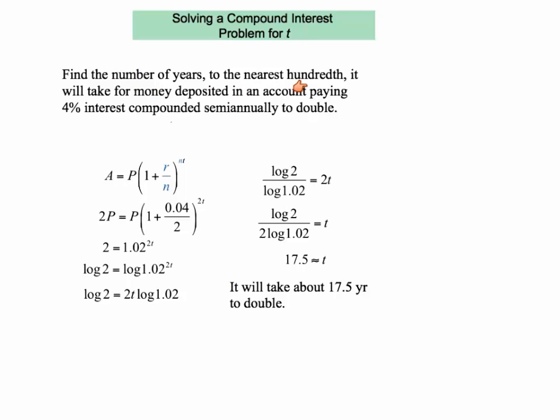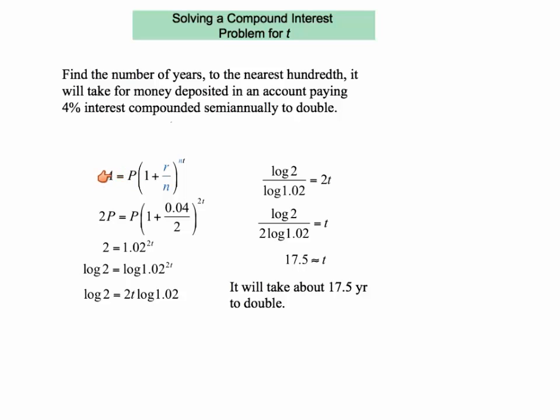Find the number of years, to the nearest hundredth, it will take for money deposited in an account paying 4% interest compounded, in this case, semi-annually, to double. So we're going to start with the same formula: A is equal to P times (1 plus R over N) to the power of NT.